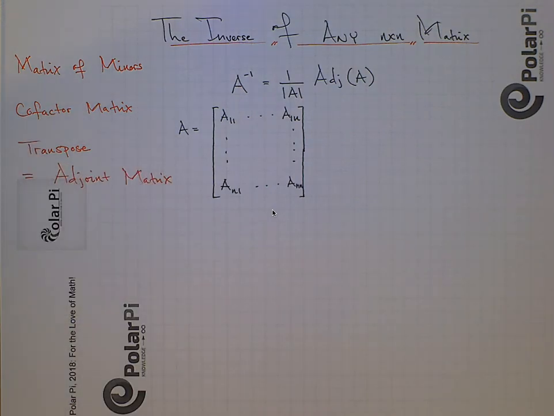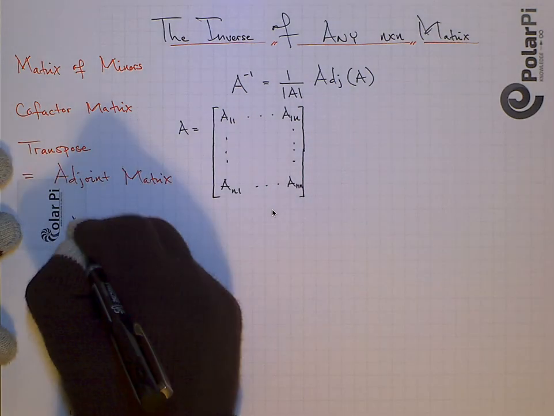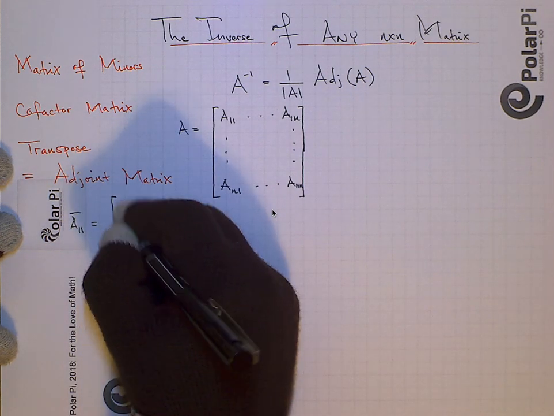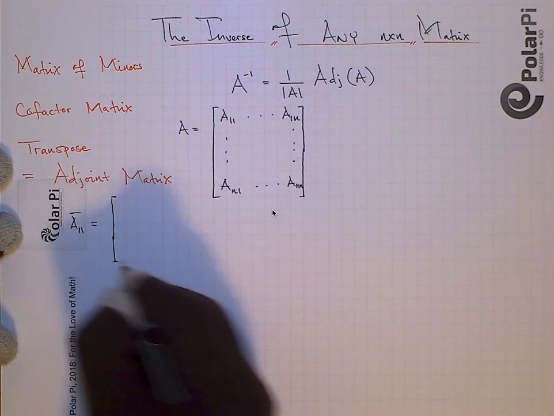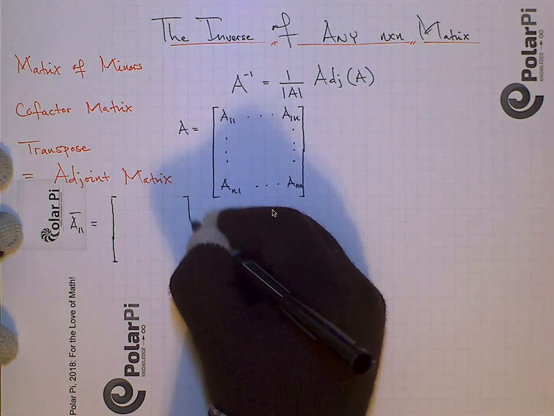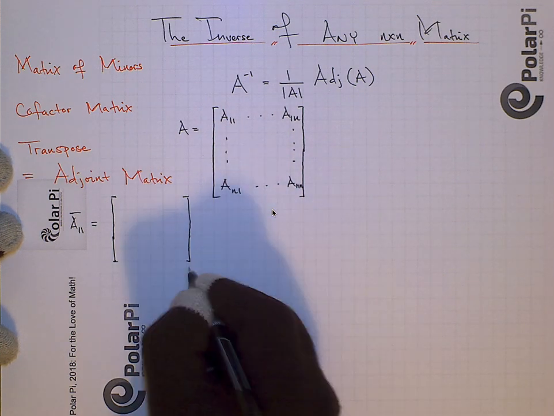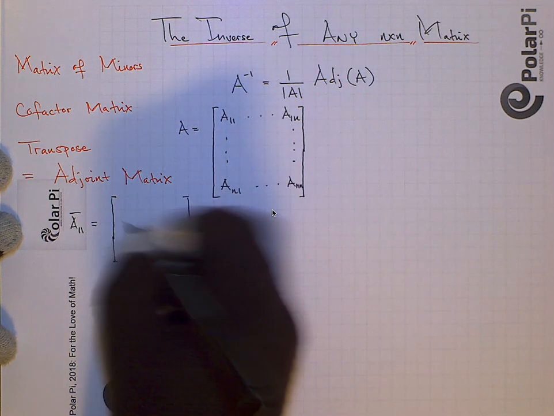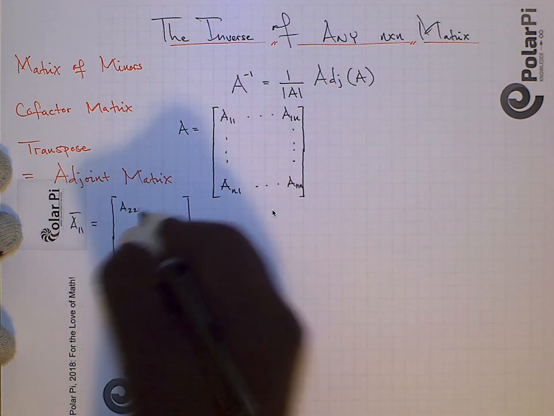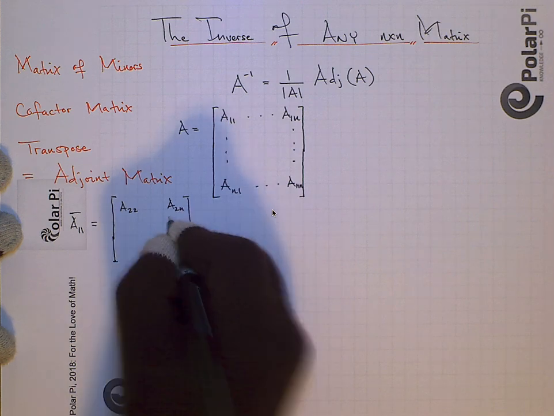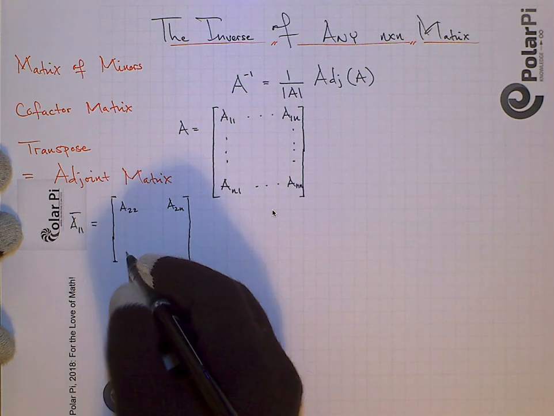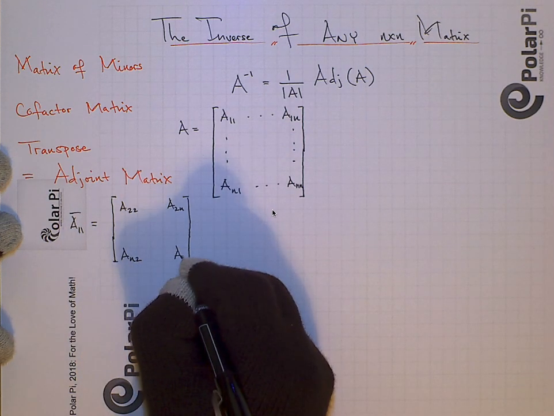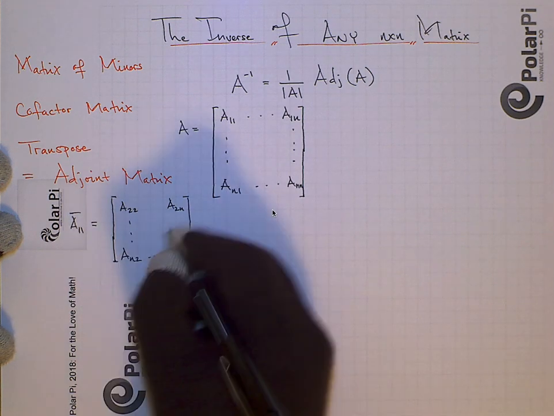But for A11, A11 bar, as an example, would have to equal the matrix with these entries. We have to cross out this first row and this first column, so it would start with A22 and it would end with A2n in this first row, and then it would come down along its first column to An2, and it would be Ann here. So this is the matrix A11 bar.